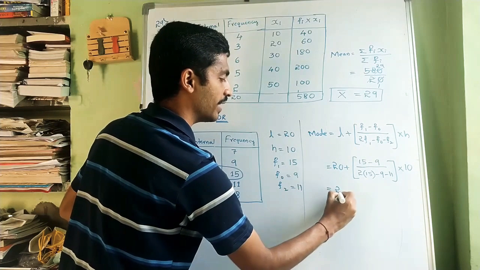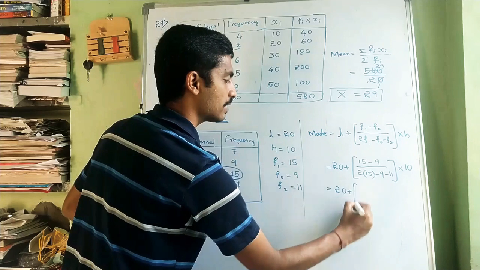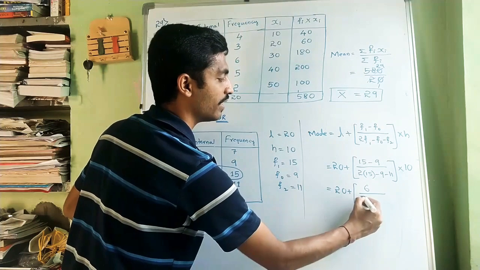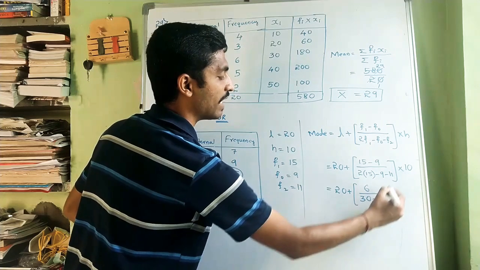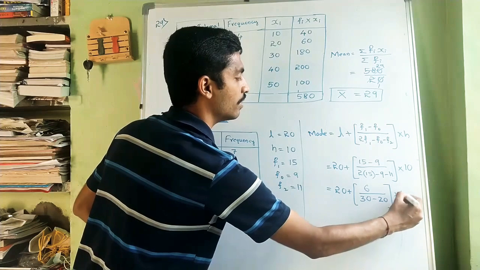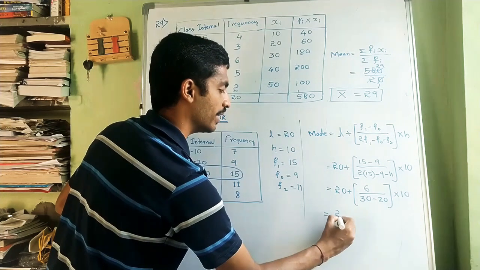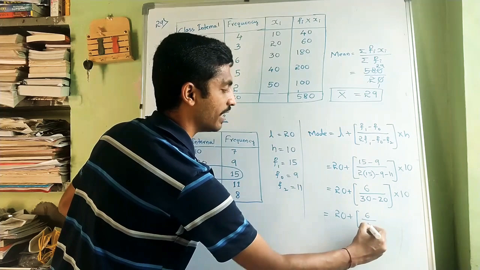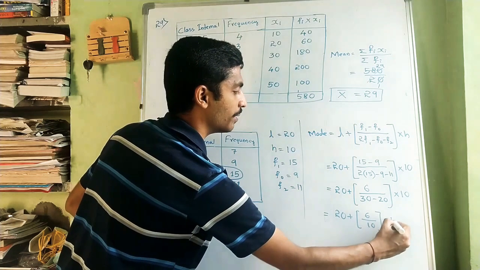Okay, 20 plus 15 minus 9, that is 6, divided by 2 into 15, 30, minus 9 minus 11, that becomes 20, into 10. Okay, 20 plus 6 over 30 minus 20, 10, into 10.